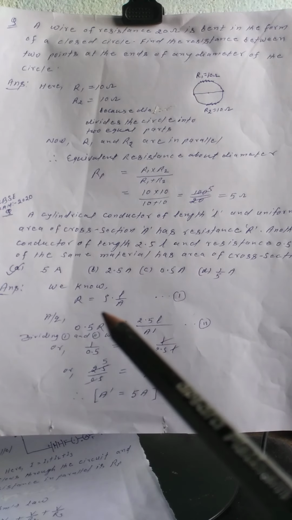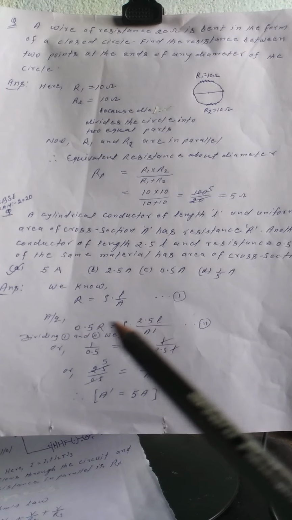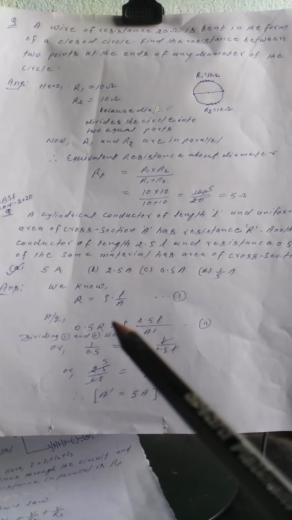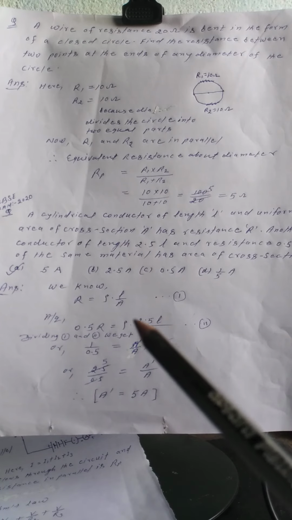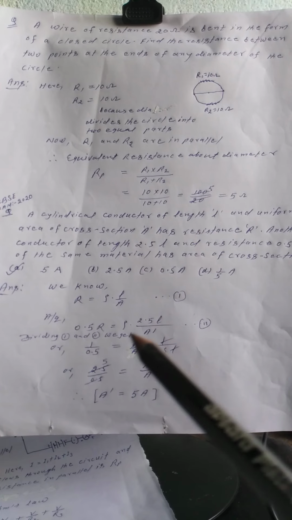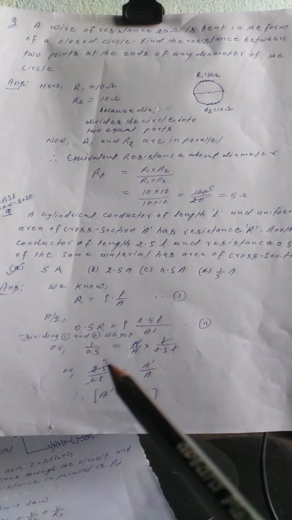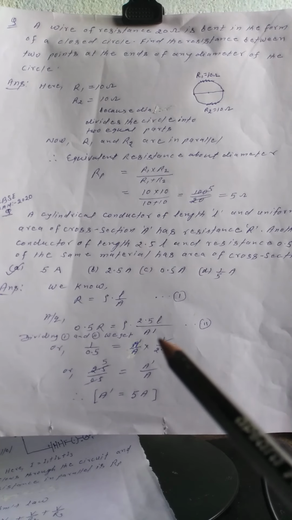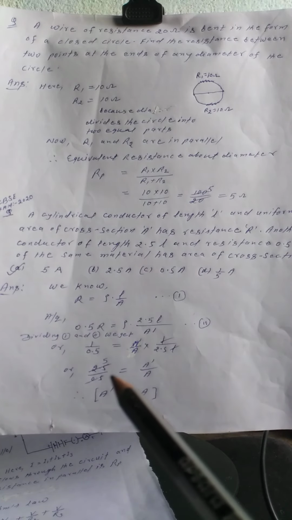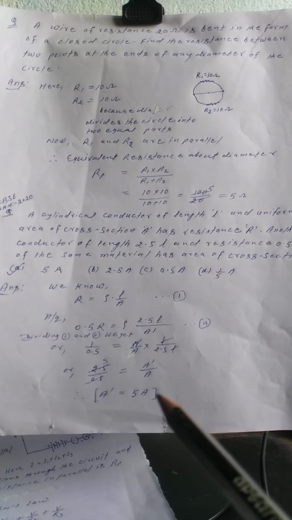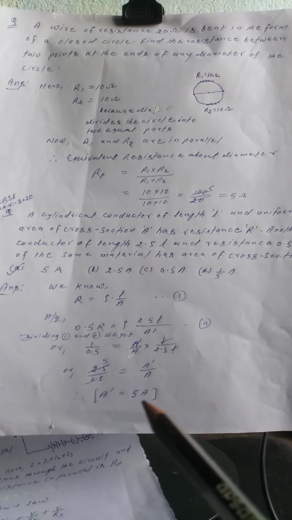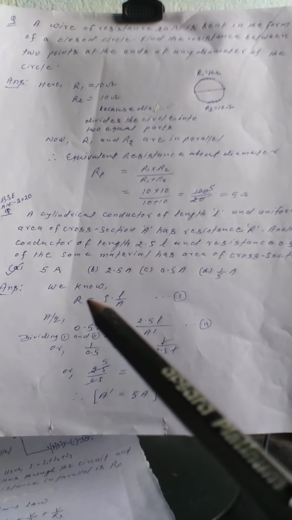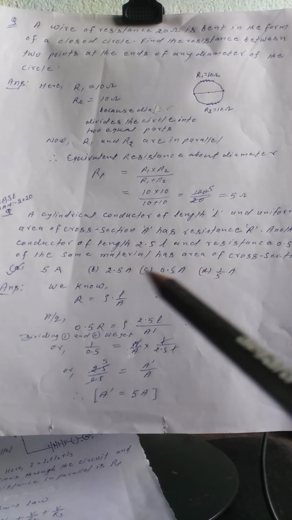We know that R is equal to rho into L by A. Now according to the question, the second resistance is 0.5 R, with rho, length 2.5 L and area of cross section assumed as A dash. Now divide these two. It will come 1 by 0.5 equals A dash by A into L by 2.5 L. Now it is equal to 2.5 by 0.5 into A dash by A. Therefore A dash is equal to 5A. So the area of cross section becomes 5 times. So option A is correct.